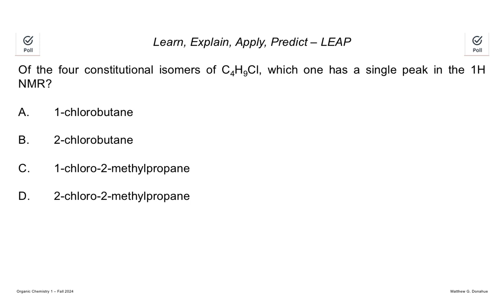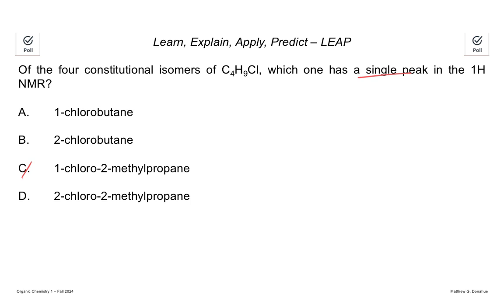So we took out one of them. So I think we said the last one was C. This one is asking you which one has a single peak in the proton NMR.